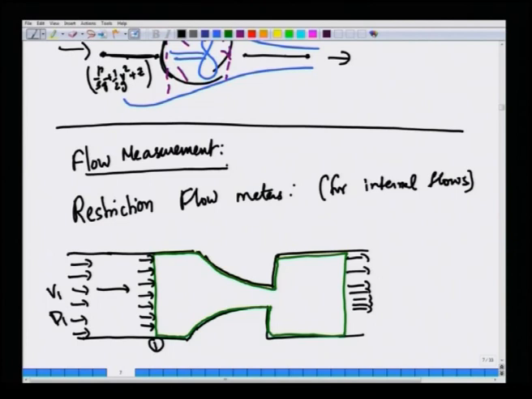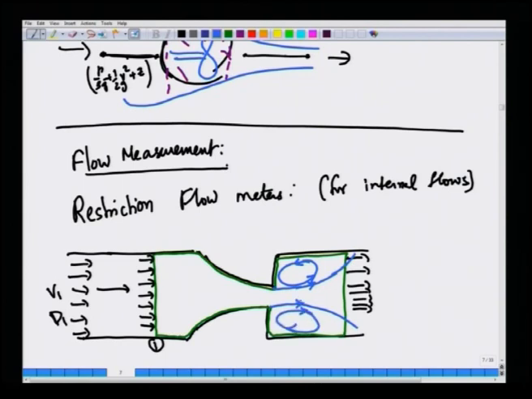Okay. Now if you look at the nature of the flow, the fluid will come like this, okay, and it will go like this, okay, and there will be recirculating zones, okay, of fluid.